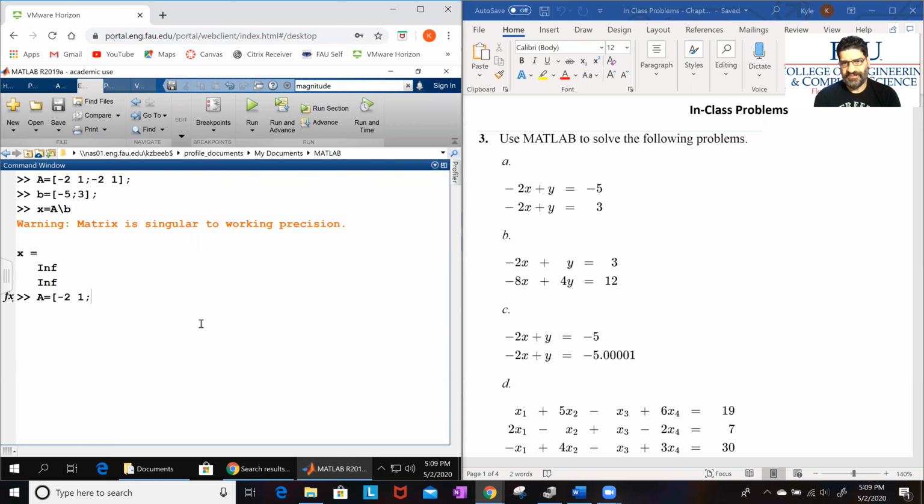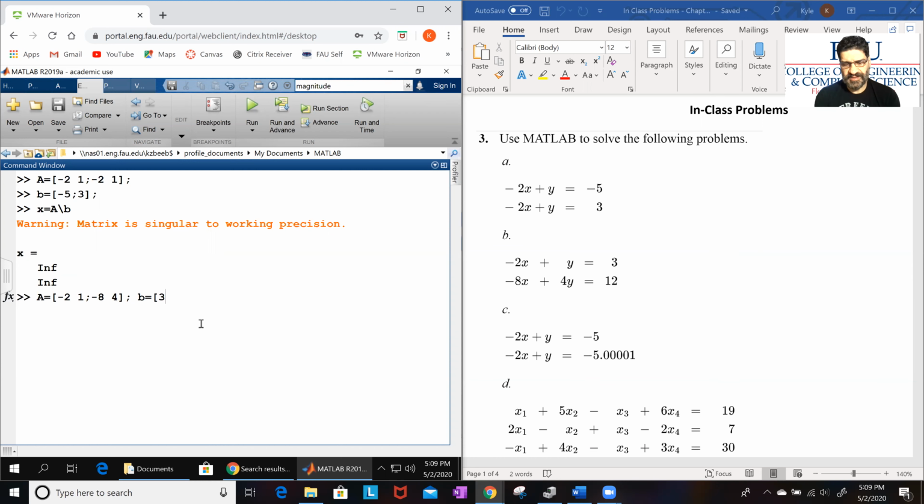For the second equation it's -8 and 4, close the bracket. And let me do B equal, in this case, 3 and 12.